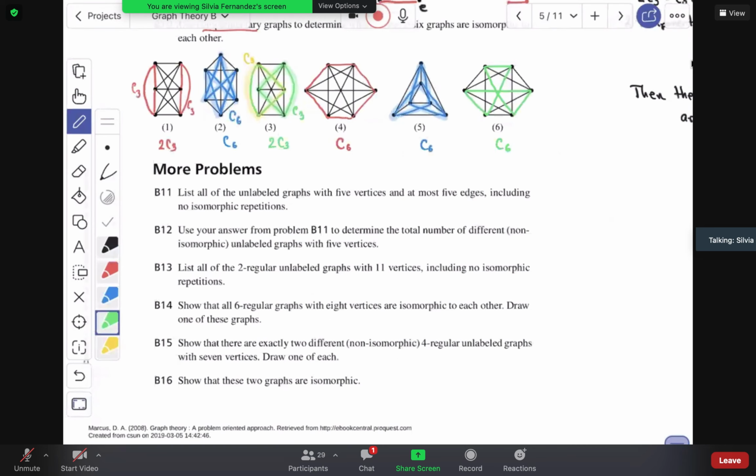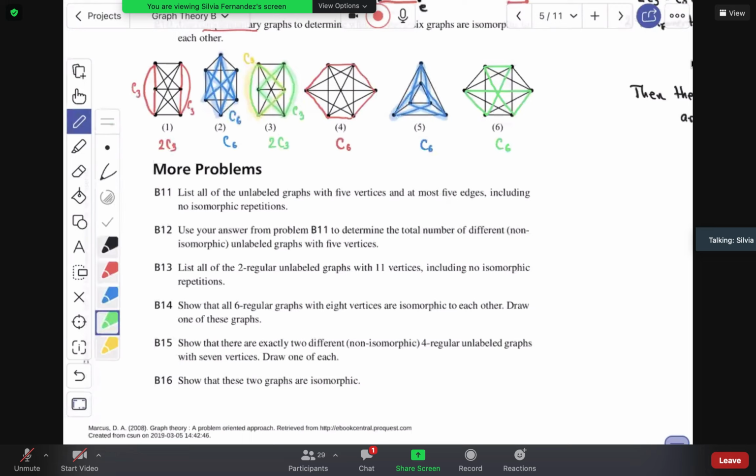So here, list all unlabeled graphs with 5 vertices and at most 5 edges. If I ask you for all the ones with 5 vertices, there are many. Like we already took a lot of time doing the ones with 4 vertices, right?